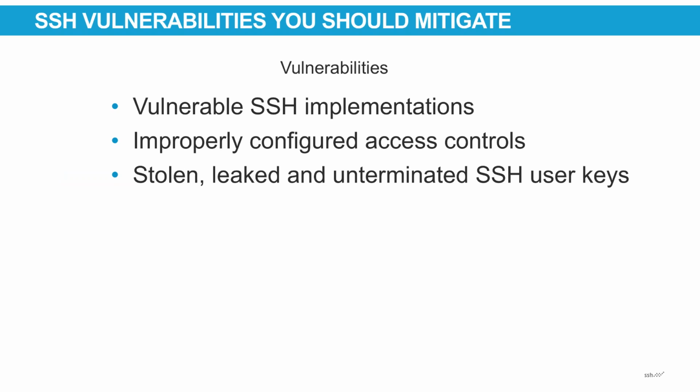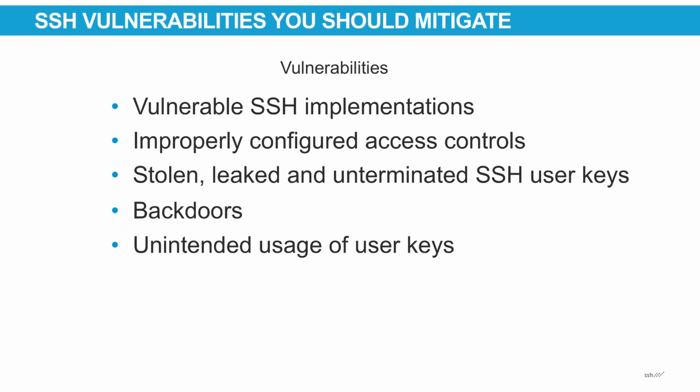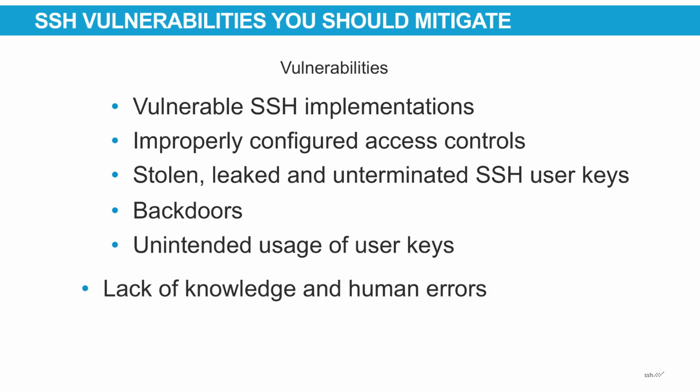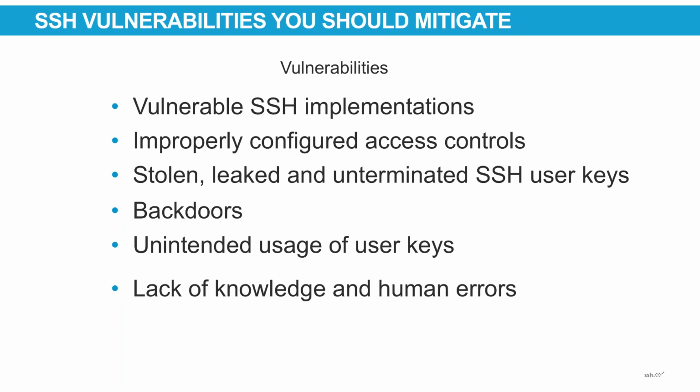Stolen, leaked, and unterminated SSH user keys are a huge vulnerability in such environments. You look at backdoors, because this definitely opens a back door, especially when you come in from an unknown source as root level, then you have access to the kingdom. Unintended usage of user keys. And of course, the lack of knowledge and human error is a huge vulnerability that's adding to the issues resulting from poorly managed SSH key environments.